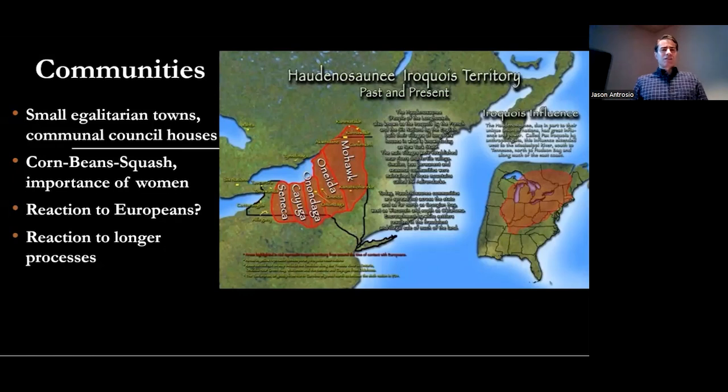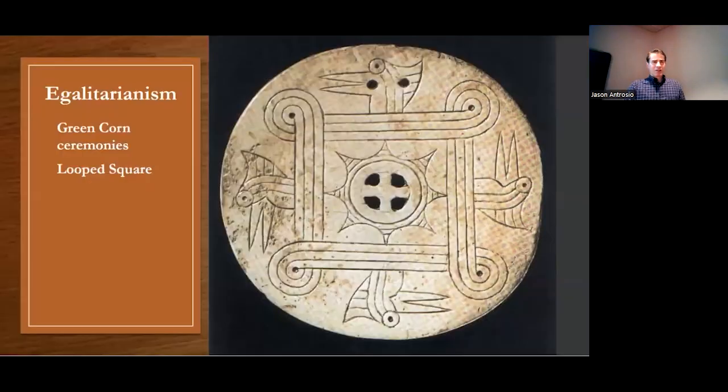But what they're trying to tell us is that actually these societies on the eastern coast of North America were a reaction to much longer and larger processes that were going on, specifically the rise and fall of Cahokia. And that they developed a much more egalitarian ideology, which can be seen in what they call the green corn ceremonies, as well as the symbolism of the looped square.